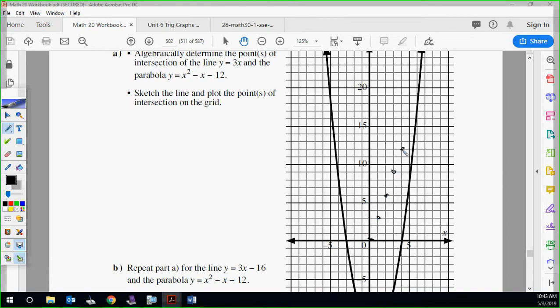Up 3 over 1. Down 3 over 1. So it's roughly doing this here. That's not very good, let's try that again.